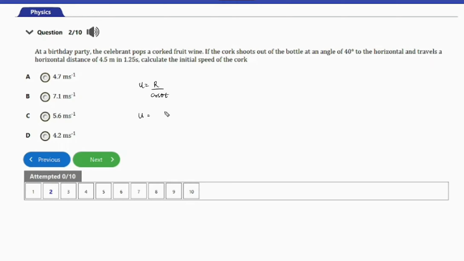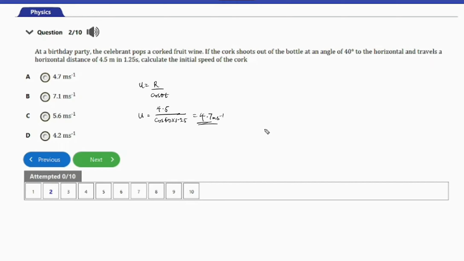Here, theta is 40 degrees. So in this case, we will have the range R here is 4.5 meters, and this will be divided by cos 40 times 1.25. So guys, that will give us in total 4.7 meters per second.